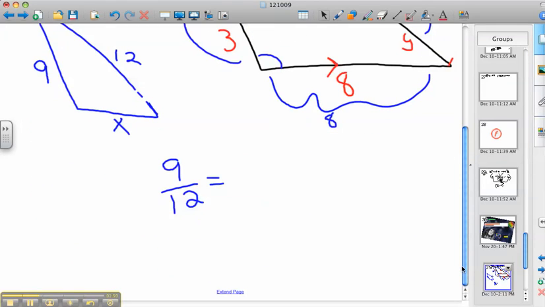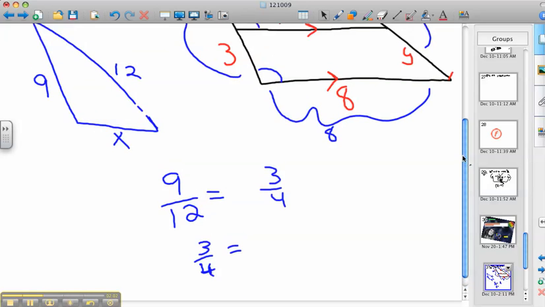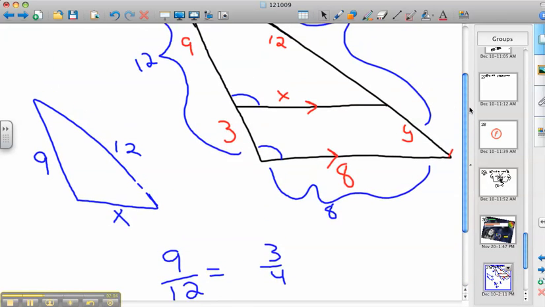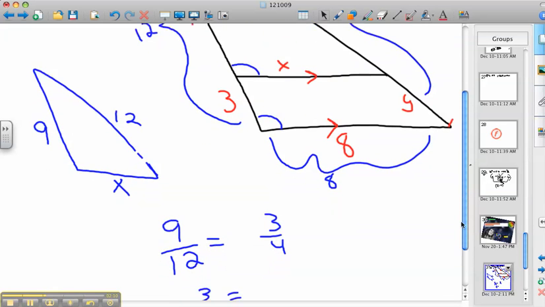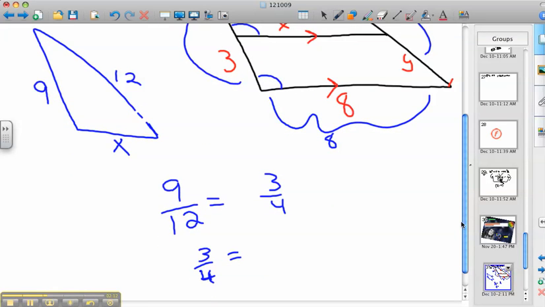So we went ahead and set up 9 over 12, which reduces to 3 over 4. Let's solve for x first. So 3 over 4, and notice 8 and x correspond. Since I did the small triangle on top, you've got to keep the small triangle on top.